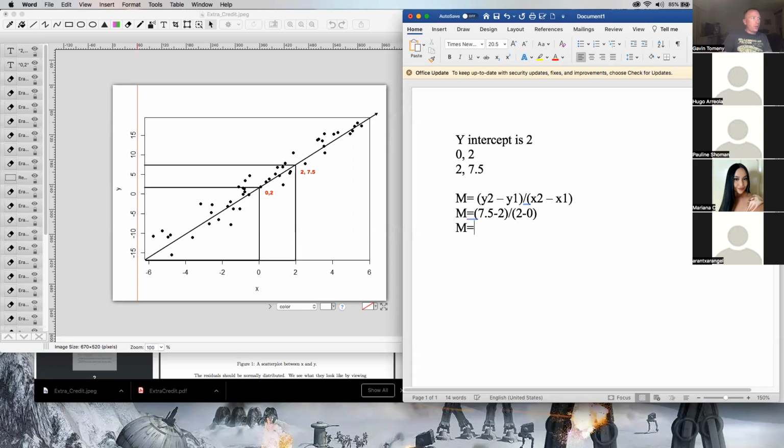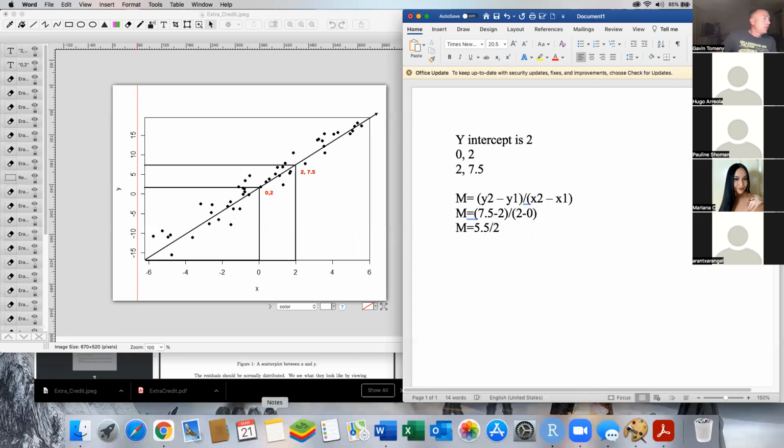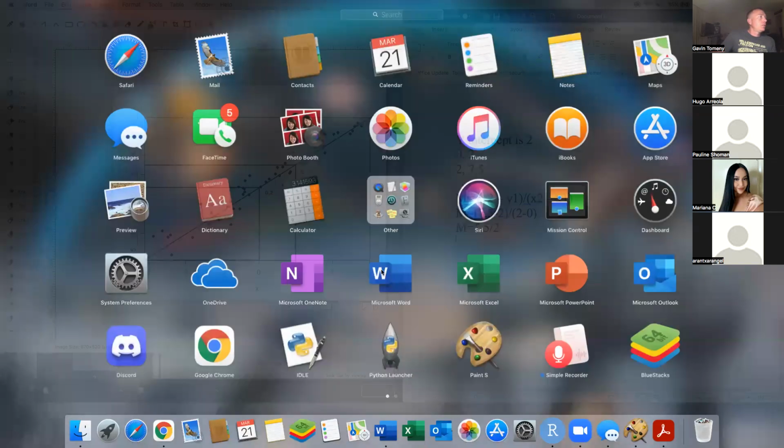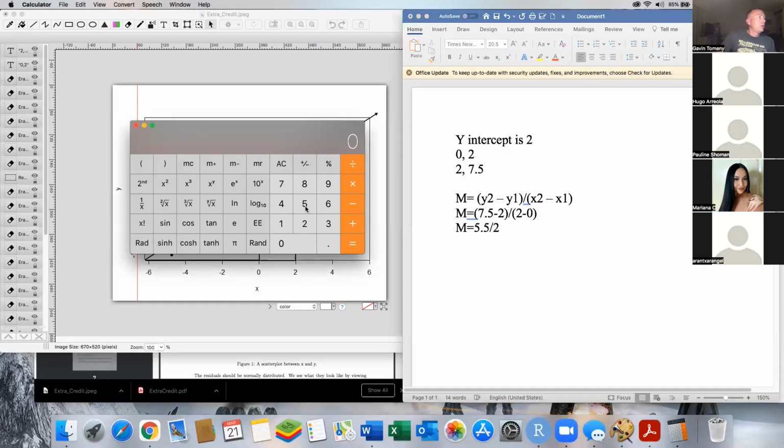So that turns into 5.5 divided by 2, which equals 2.75.